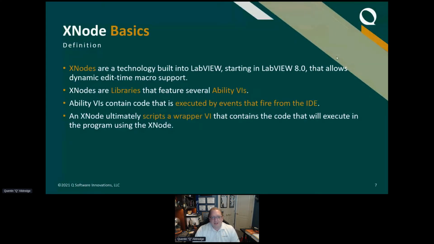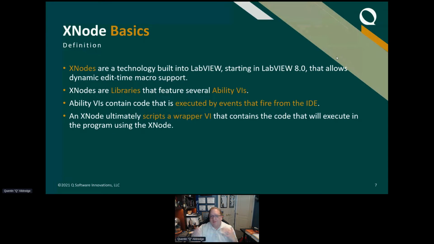So a little bit about XNodes. XNodes are a technology built clear back in LabVIEW 8.0. It allows you to basically create specialized nodes on the block diagram and allow the user to interact with those. Under the hood, they're a library with special VIs that fire based on events that execute from the IDE, for example, when the user clicks on the item, or when the user maybe drags the item to be bigger, or things like that.